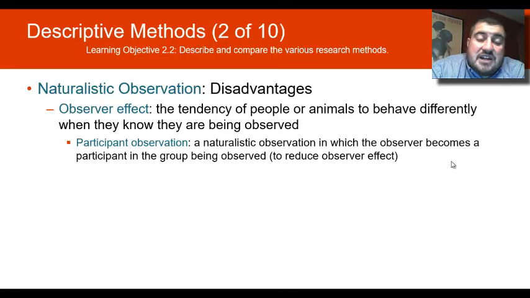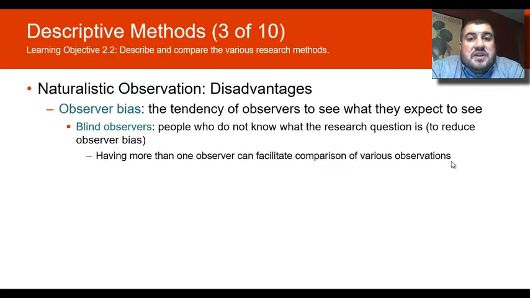And people have done this with mental health studies. They've actually faked symptoms and gotten into a mental health institution where they became a patient to observe from the inside of what was going on. And that reduced the observer effect. Another one is the observer bias, in that observers tend to see only what they expect to see, kind of a confirmation bias.